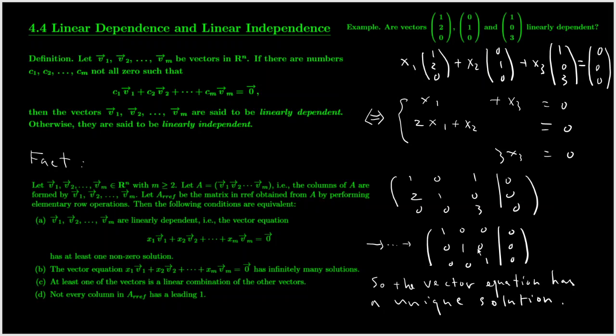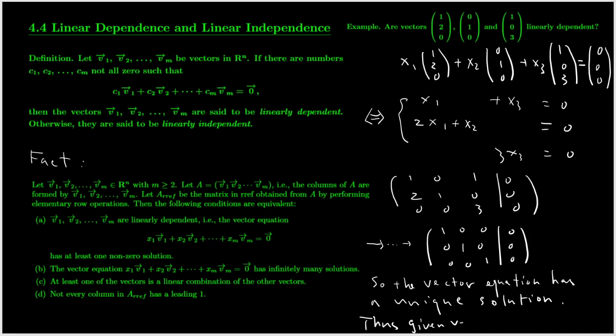Which means the vector equation does not have many solutions, which means the given vectors are linearly independent. Again, from a vector equation like that, you convert the vector equation to a system and solve it.